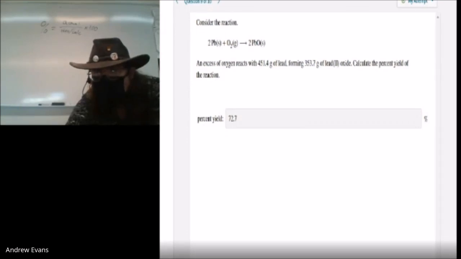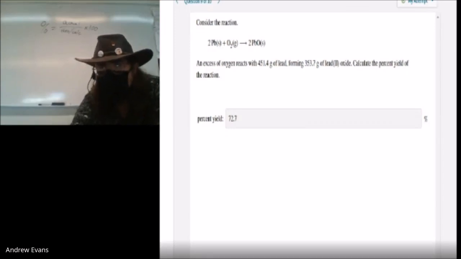So reading this question: excess oxygen reacts with 451.4 grams of lead, thus forming 353.7 grams of lead oxide. Calculate the percent yield. So real quick, what have they given us?